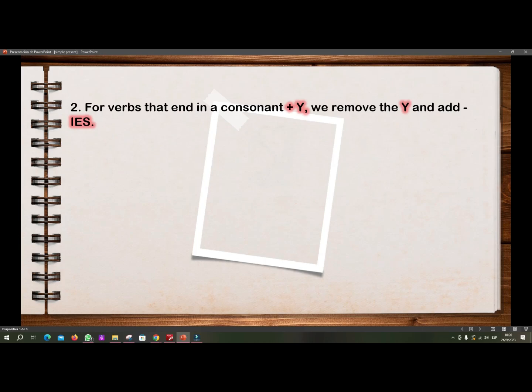Also, the second rule: for verbs that end in a consonant plus Y, we remove the Y and add IES. Todos los verbos que terminen con consonante y luego Y, vamos a cambiar esa Y por I y agregamos ES cuando tengamos tercera persona. For example, Mary, look, Mary.